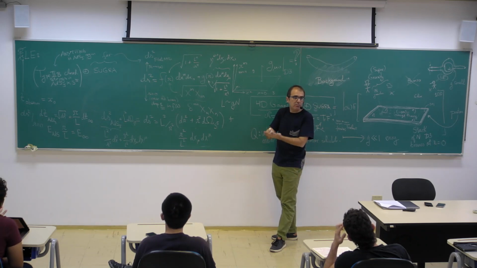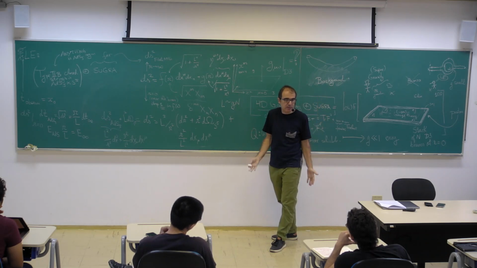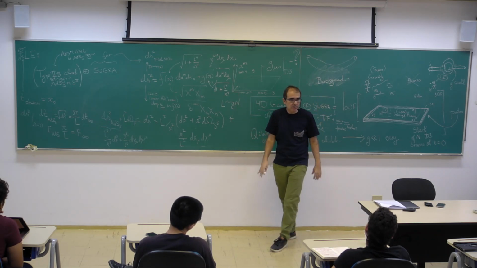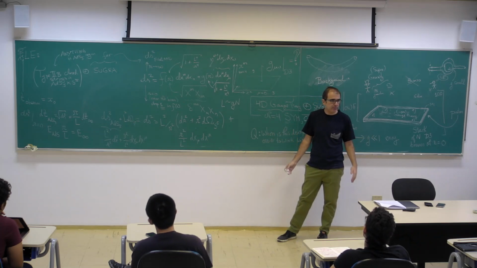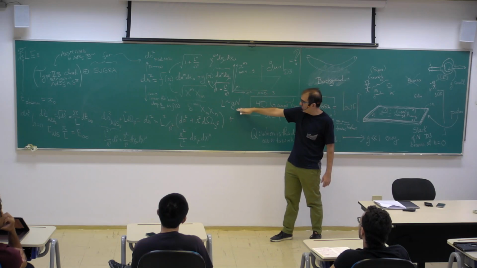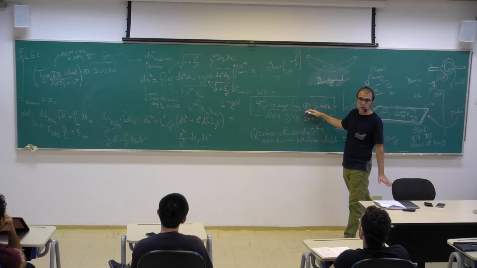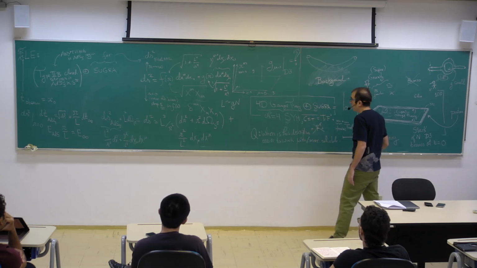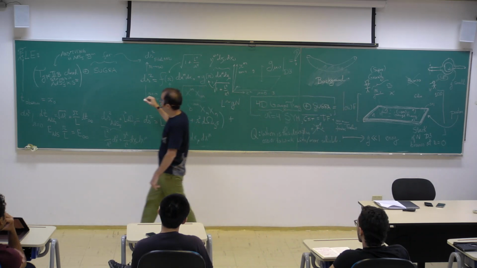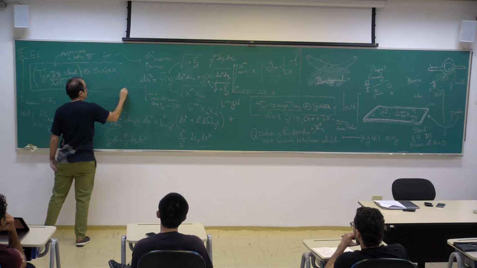If the object is very heavy, it back reacts a lot on the geometry, then the background description is better because there's a lot of back reaction. So this description is easier to work with when the coupling G is big. This one is easier to work with when the coupling is small. But both would be true, that's the claim. And so we end up with the low energy description being either that box or this box.